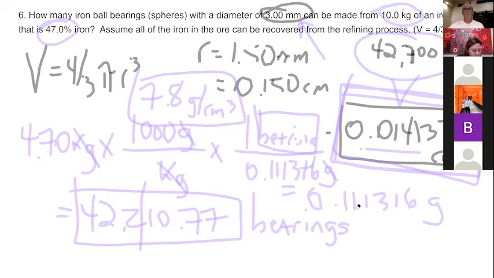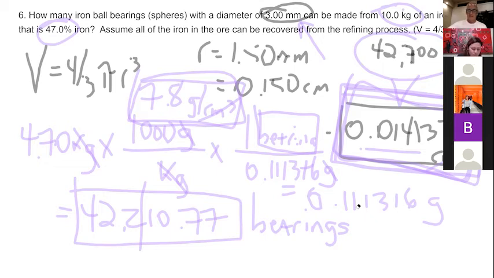So you multiply 7.8 by 0.01413 centimeters cubed. You cancel out the centimeters cubed, and we're left with grams.